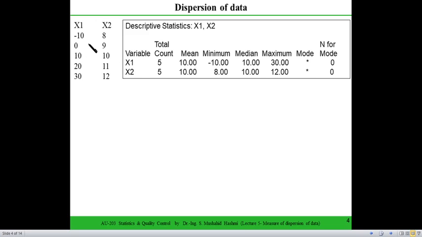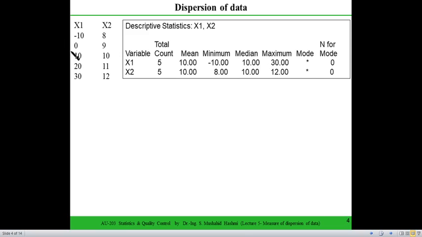Or you can think of these as the scores in a cricket match by an opener. I mean, -10 we cannot call it that, but if it were positive data, we could give some meaning to it. But whatever the data is, this is the data x1 and this is the data x2. If you look at the minimum value for data x1, it is -10 and the maximum value is 30, and the middle value is 10.